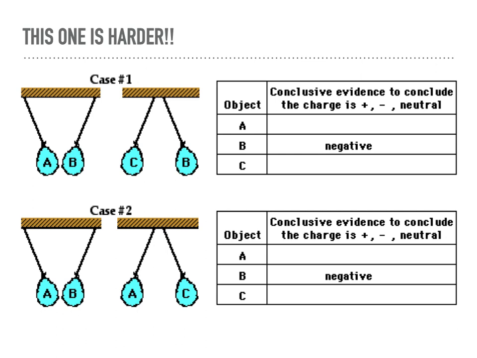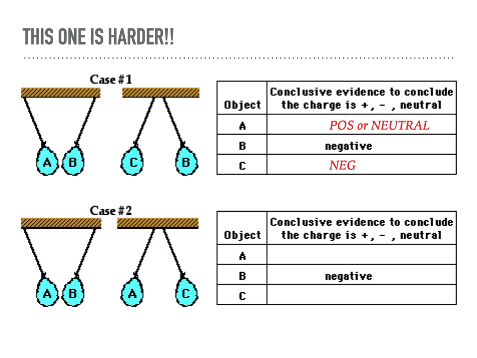We can see that A is attracted to B, so it has a different charge than B. A is either going to be positive or neutral. B, when placed beside C, is repelling. To be repelled, you have to have the same charge. So C is going to be negatively charged.